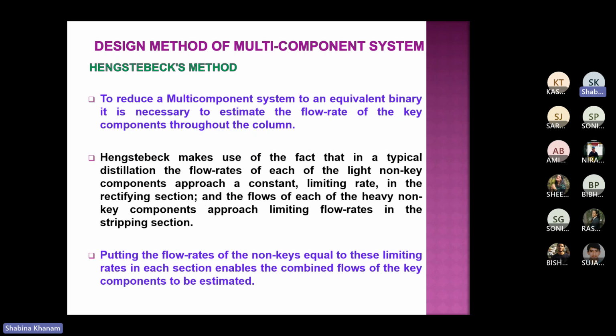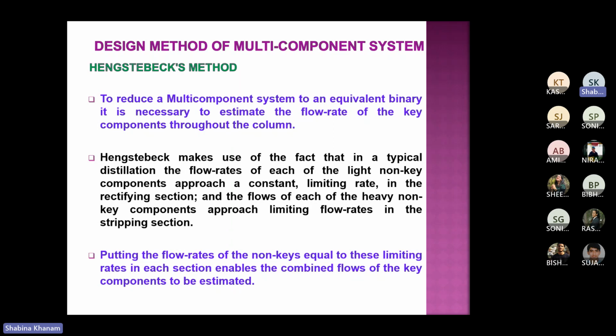Once I define the constant or limiting flow of non-key components, we deduct that from the total flow, and then we get the flow of combined keys only. Combined keys means light key and heavy key only. Once I deduct the non-key flow rates from the total, what exactly am I doing?